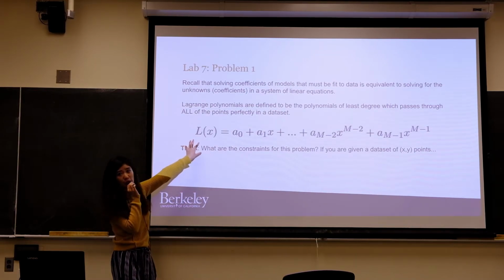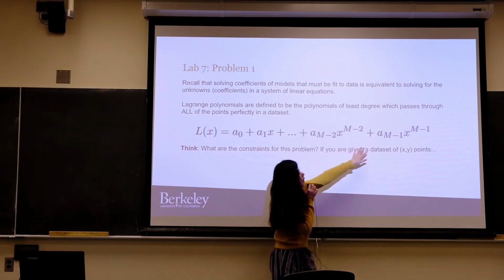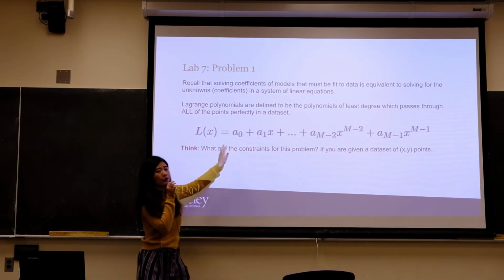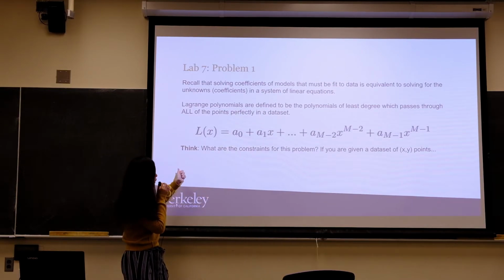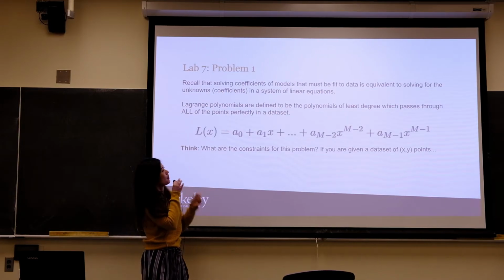In this Lagrange polynomial, we have m parameters, m coefficients we don't know, and we have m points of x and y coordinates.